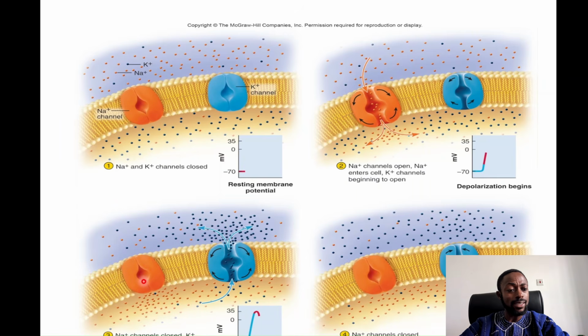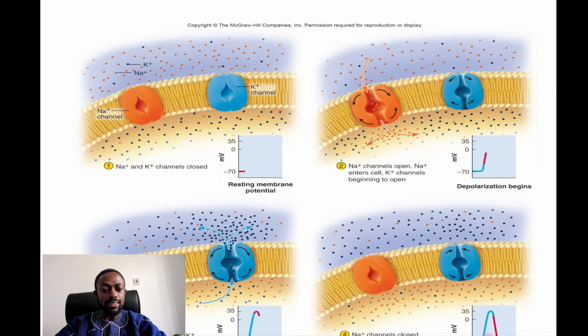Immediately or concurrently, voltage-gated potassium channels will open. As soon as that happens, we will see potassium ions leave the cell to the outside of the cell. That is when we begin to see graphically that the voltage will begin to drop. The membrane potential will begin to drop from plus 30 millivolts back down to a more negative state.